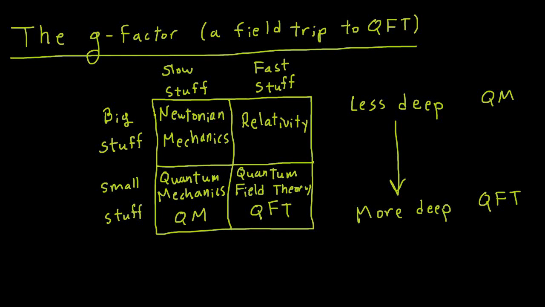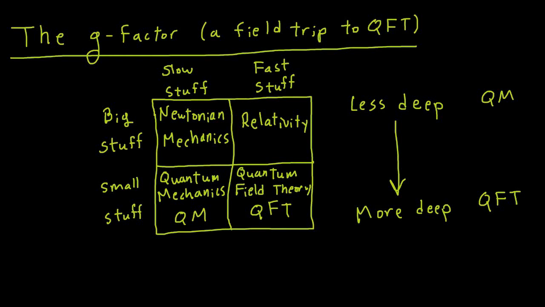Now, if you knew quantum field theory, then I could actually derive Schrödinger's equation. But because you don't, I can only make motivations, right? You're not totally in the dark. You can motivate stuff about the more deep theory from a less deep theory, but you can't make any rigorous derivations.